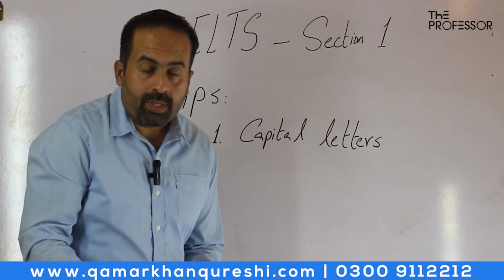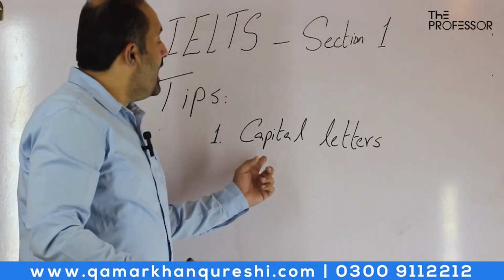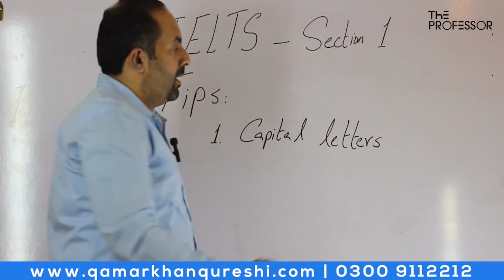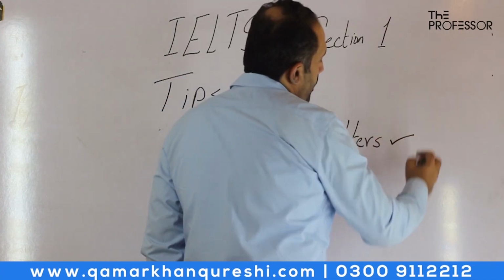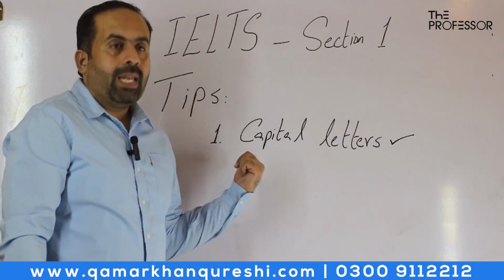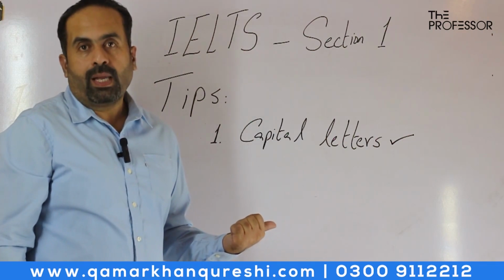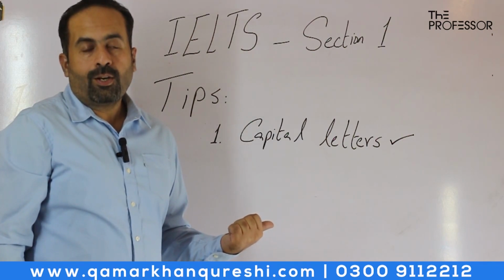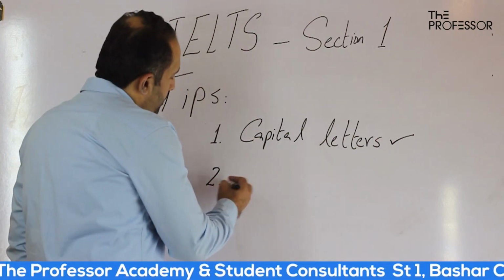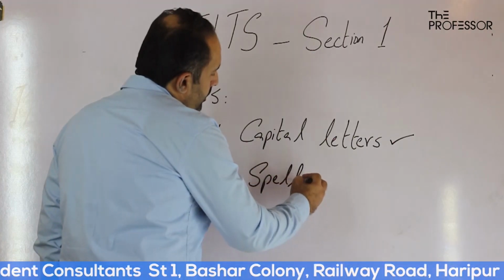As you all know that names are proper nouns. So they need to start with the capital letter. Always remember that. If you write Simon with a small s, it's wrong. It has to be with the capital S. Got it? Yes, sir.